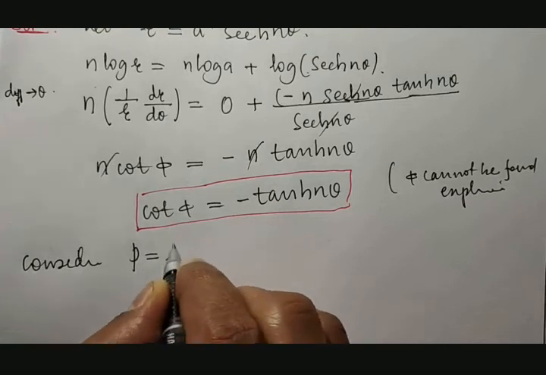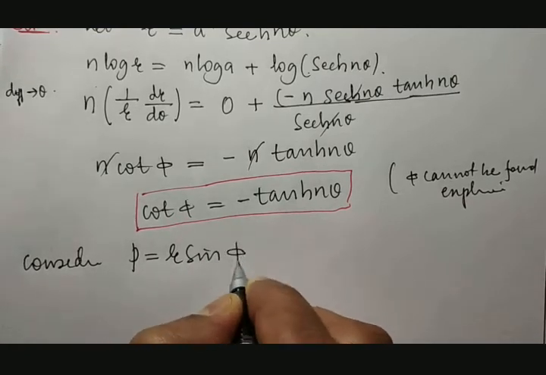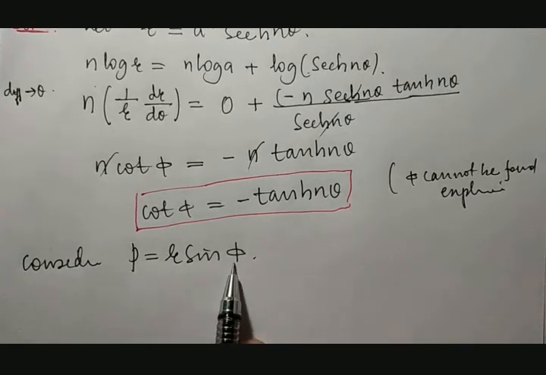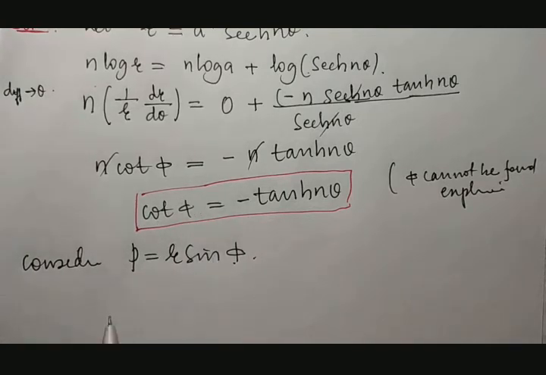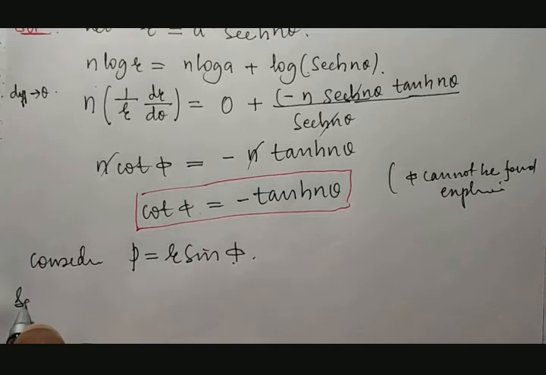Consider p is equal to r into sine phi. But here we need to substitute the value of phi, which is not there. We have cot phi. Therefore, what to do? Squaring and taking reciprocal.